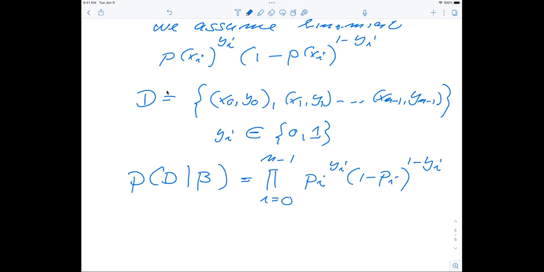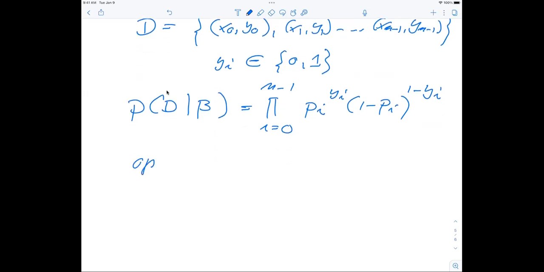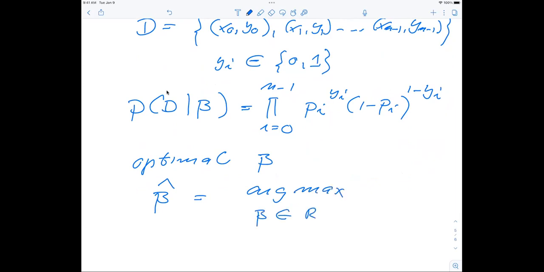And now I want to find the betas which maximize this probability. So the optimal beta, which we write as beta hat, is given by the argmax over beta, which lives in this parameter space or feature space of length p, of this probability p(D | beta).